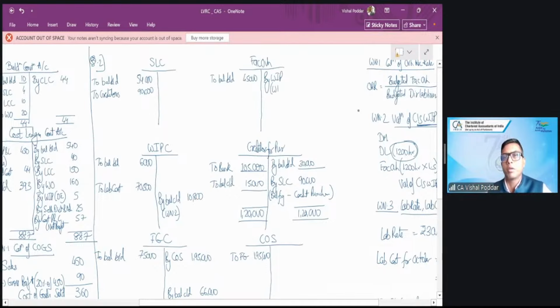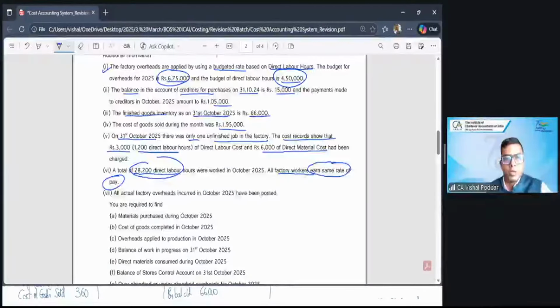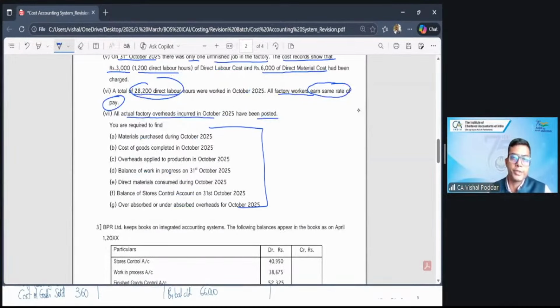WIP 42,300. Correct. Done. All actual factory overheads have been posted, fine. And now you are required to find out the balances.